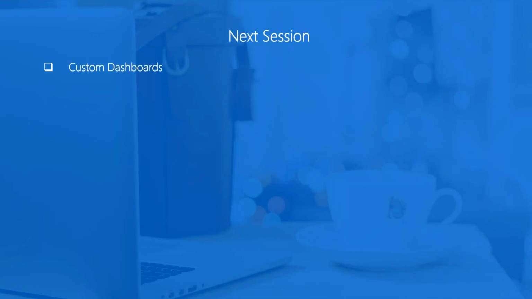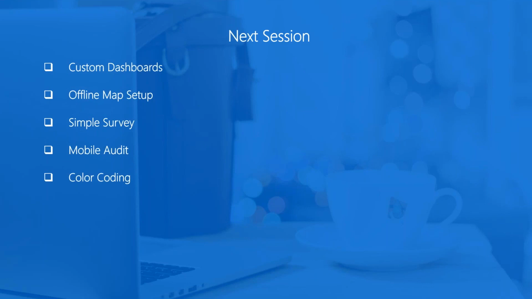And in the next session, what we will be getting into is the custom dashboards and how to create them, also how to set up offline maps and how to define custom layers on the offline map and see them in the application, how to make a simple survey as you have seen in the demo at the start, how to create a mobile outage, how to enable it, and how to make sure that you see if your users are on the spot, the color coding for calendars and also for lists, how to embed mobile reports, and also the UI replacement.